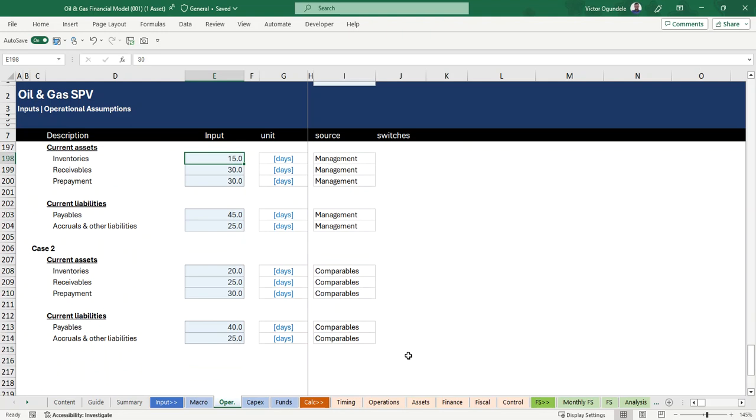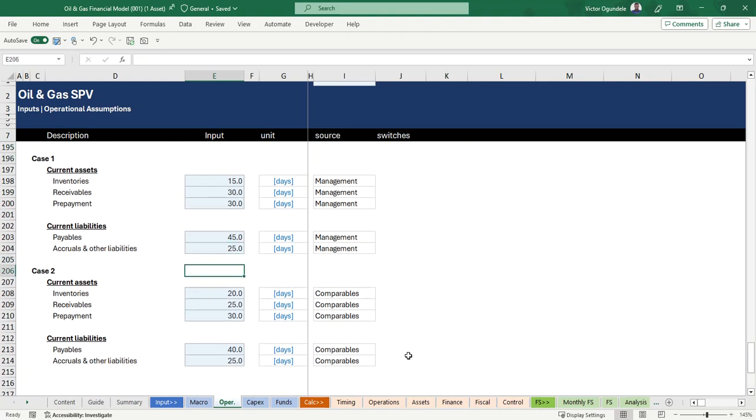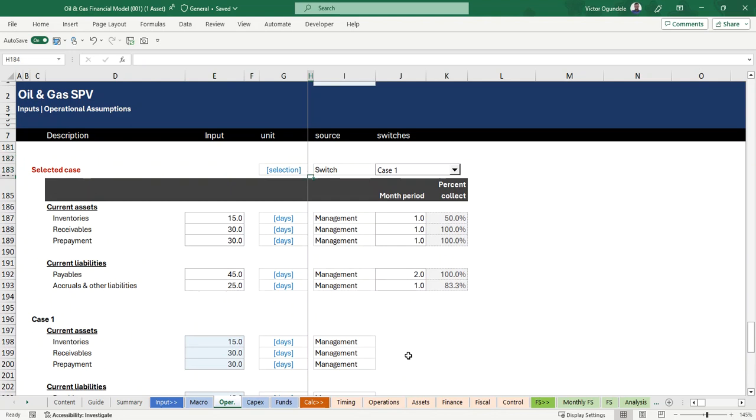So we've created different scenarios. There are cases where you have a management case, and there are cases where, if you have access to a reliable data source, you can get what is obtainable in the industry for related projects. So you can see we have the comparable, then we have the one for the management. In regards to that, we now need to convert those days into what is obtainable in terms of months.